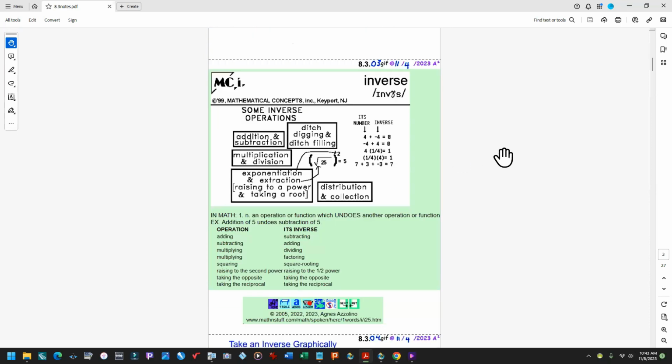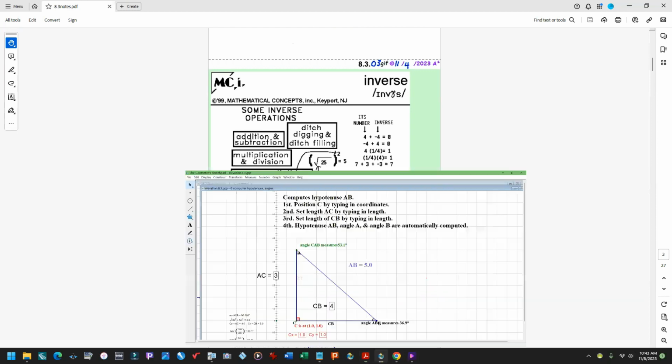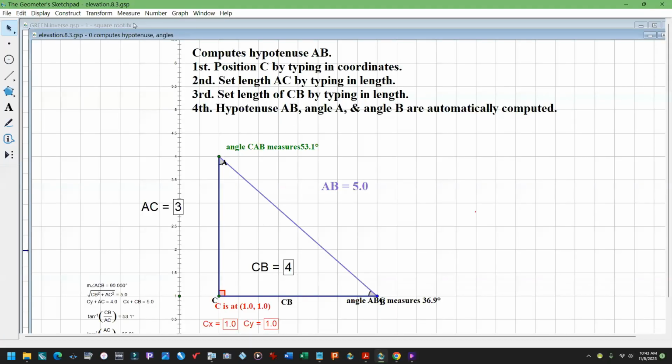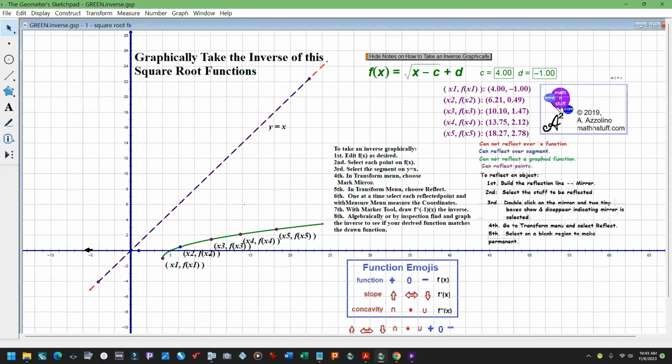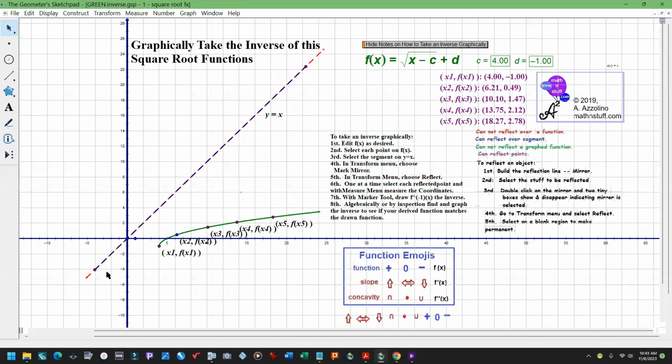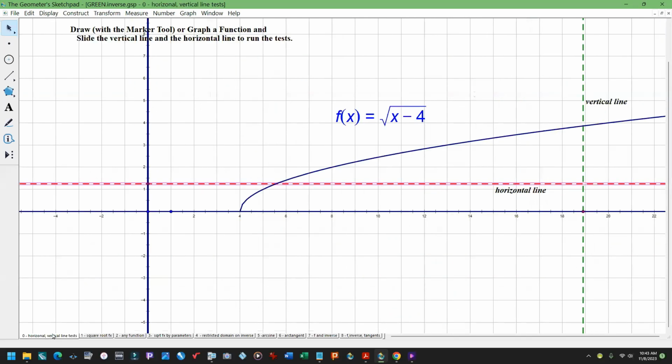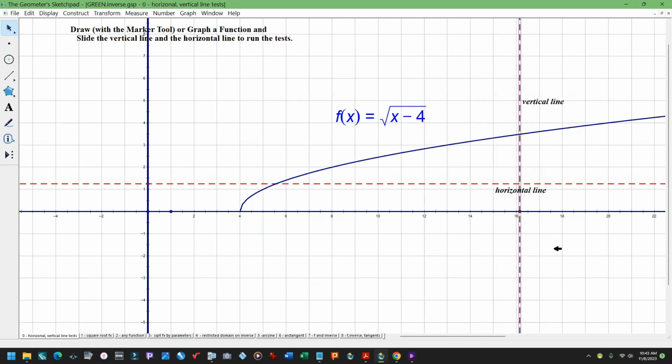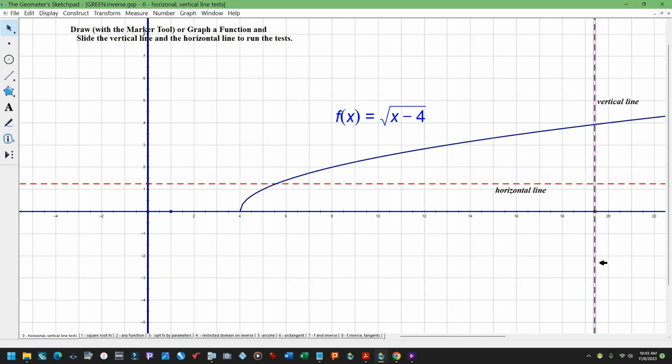A review. The word inverse means undo, and we do have a sketch pad for looking at the inverse. We've used this before. I'm using it again just to remind you. First, you have to see if you really have a function. You have a function if it passes the vertical line test.